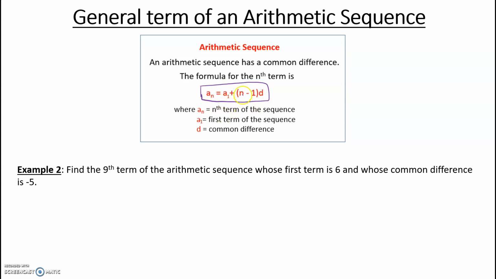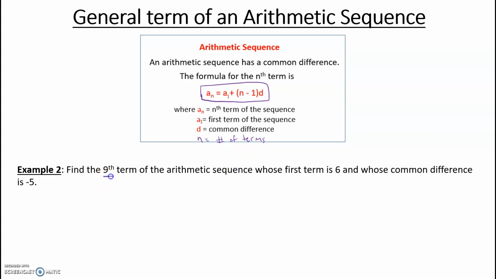N is the number of terms, whatever n is. So if we found a sub 9, n would be 9. D is your common difference, whatever you added each time.